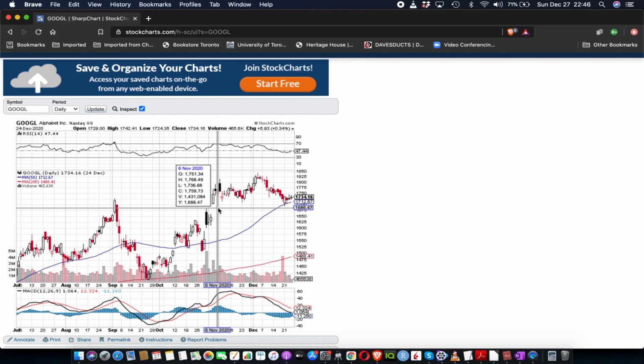Now, going to the hollow red candle, let's say the 6th of November. In this case, Google closed higher than the open. The close price was $17.59 and the open price was $17.51. So the close was higher than the open, but you would still see this red hollow candle.